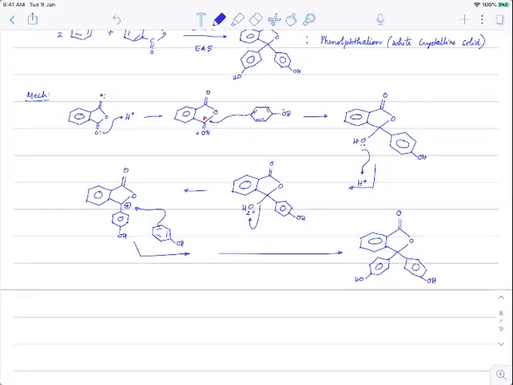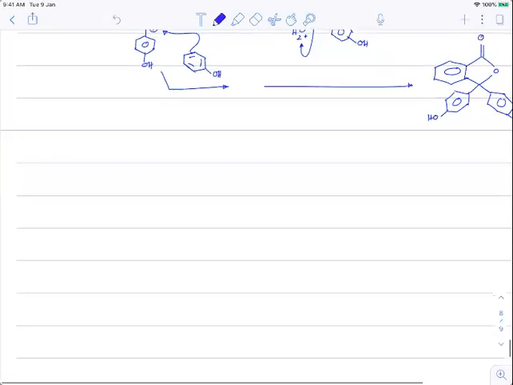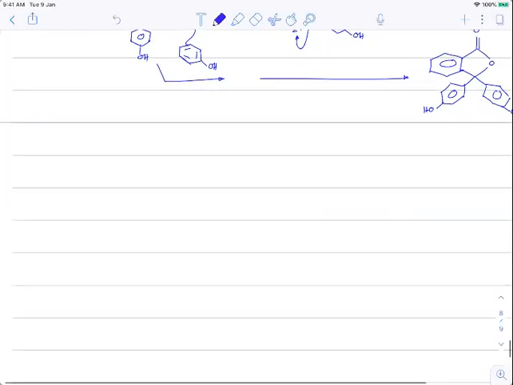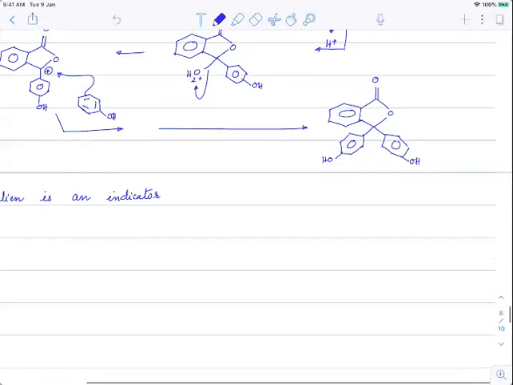Okay, beta. Now, usually, just to remind you, how does phenolphthalein act like an indicator? Phenolphthalein is an indicator. Just to remind you, how does it act like an indicator?